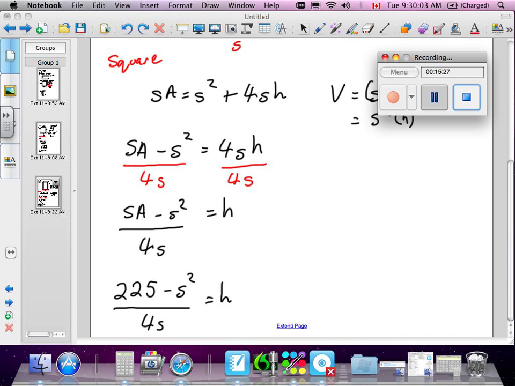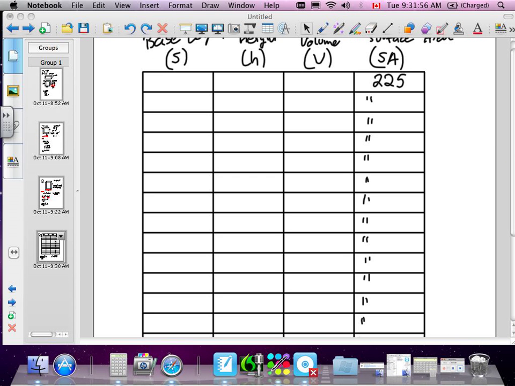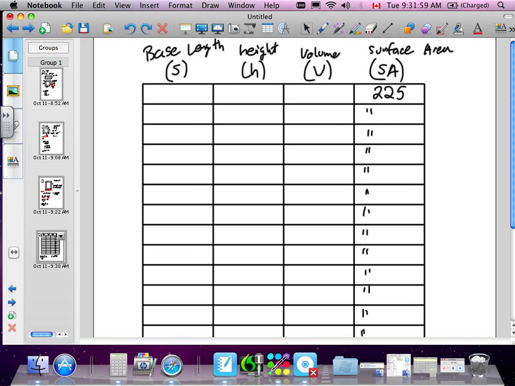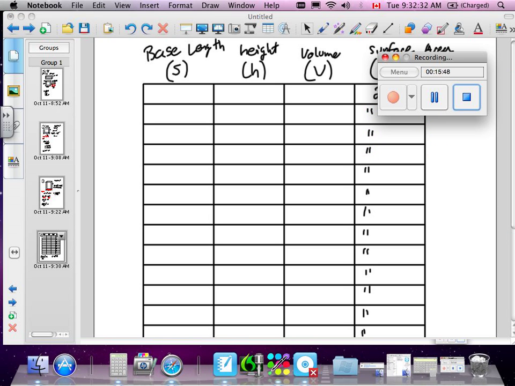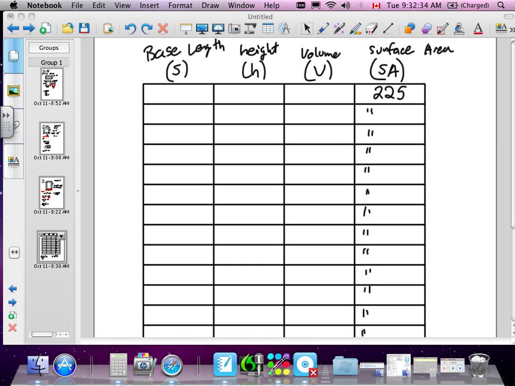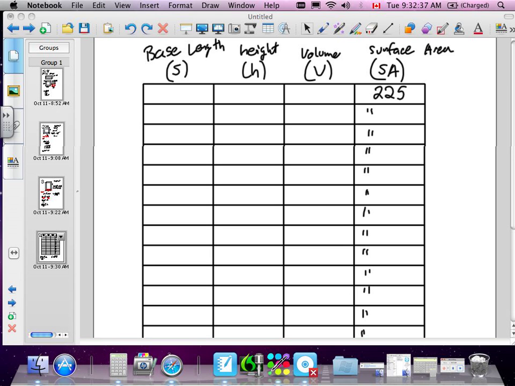Okay, so we've put the chart up. We know that the surface area for every different shape we try is going to be 225. So I've put these little quotations. That means every surface area is going to be 225. That number is not going to change. Okay, so the easiest measurement we're going to start with is if the base or one of the sides is the number 1.